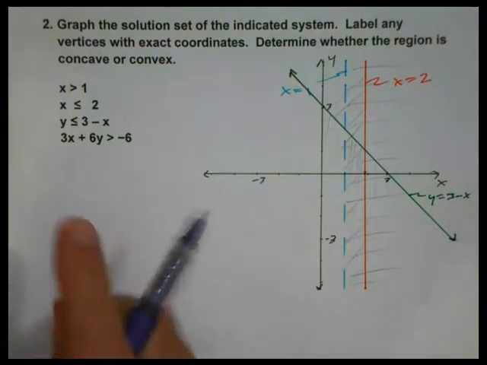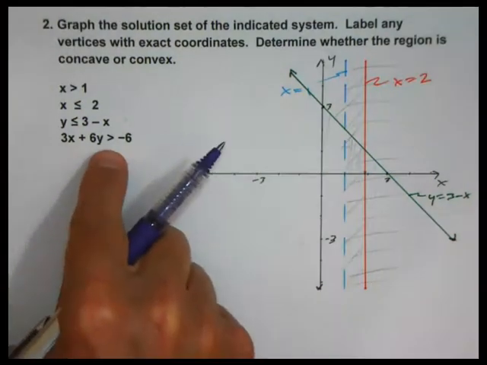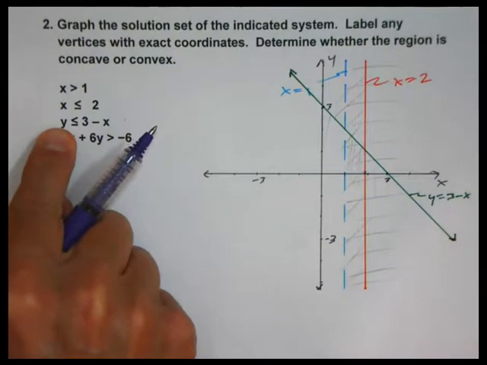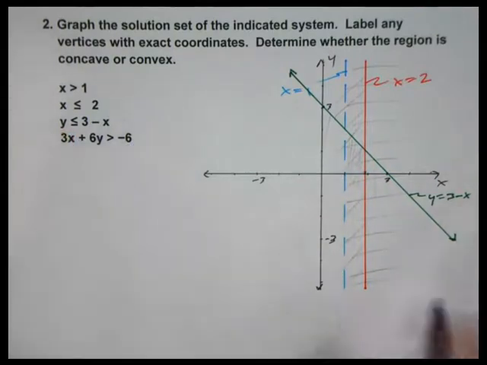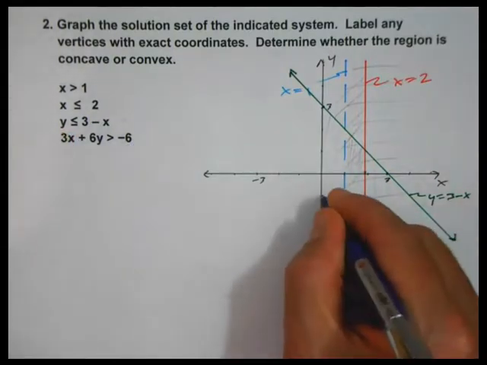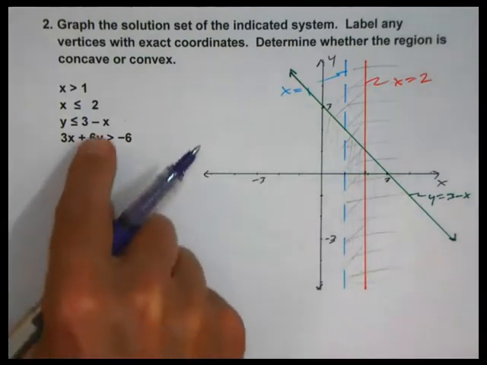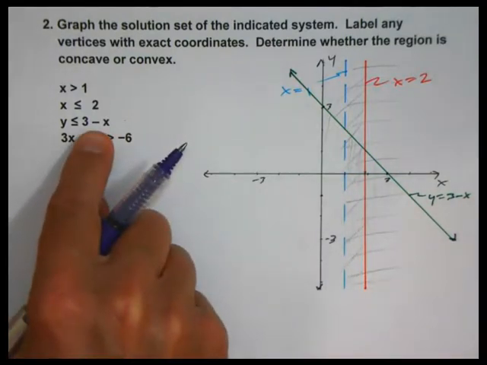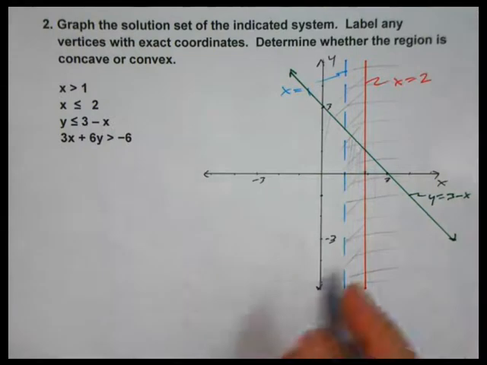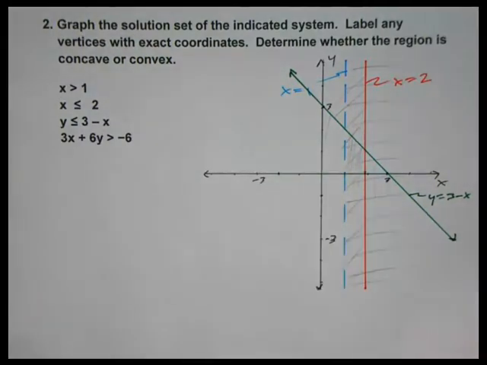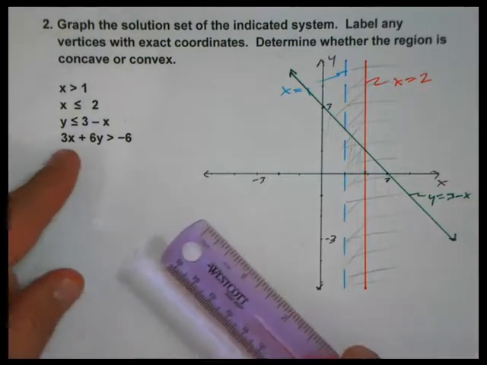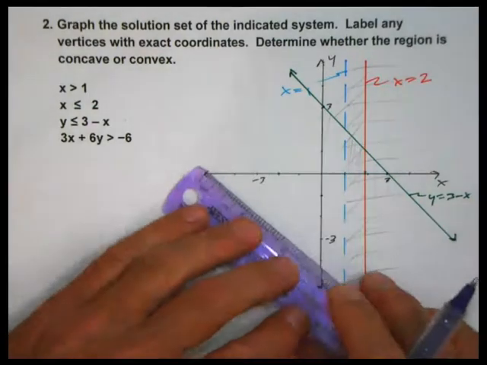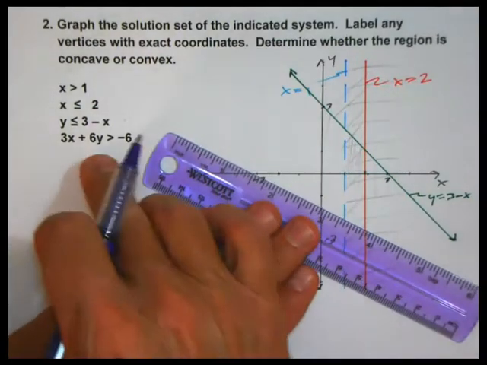Alright, let's go to the next inequality. Okay, let's graph the boundary line. If x is 0, y would be negative 1. If y is 0, x would be negative 2. As far as this line goes, we need to use a dashed line because it's not an or equals to situation.